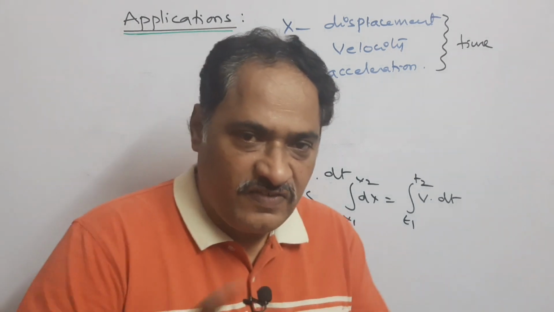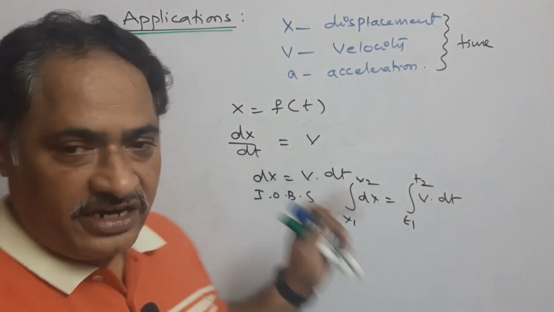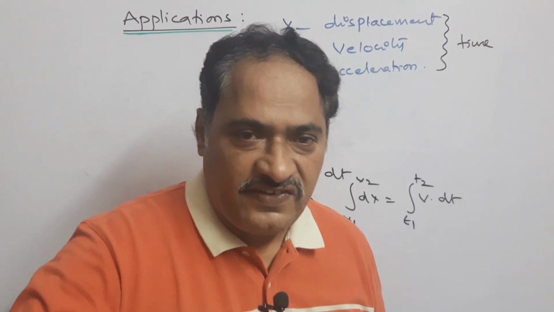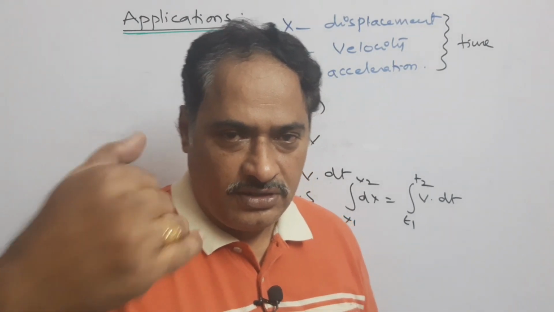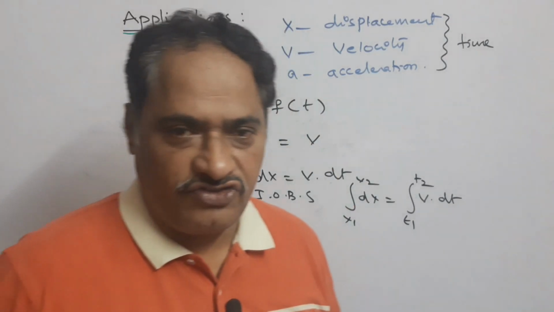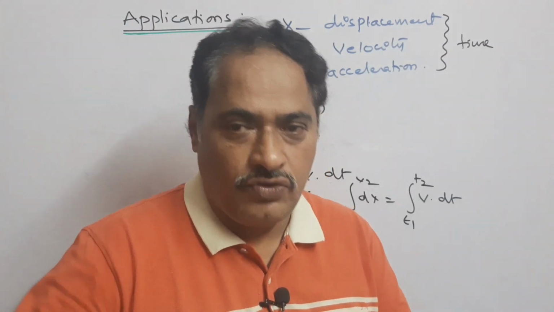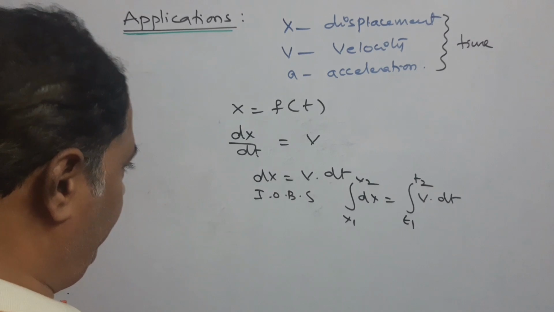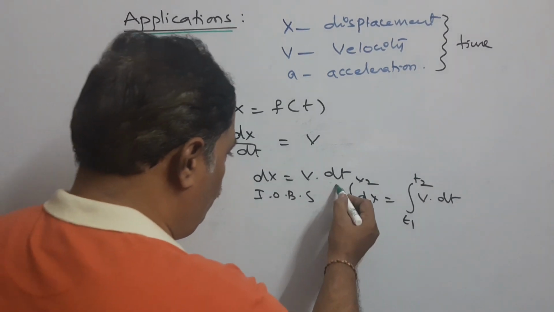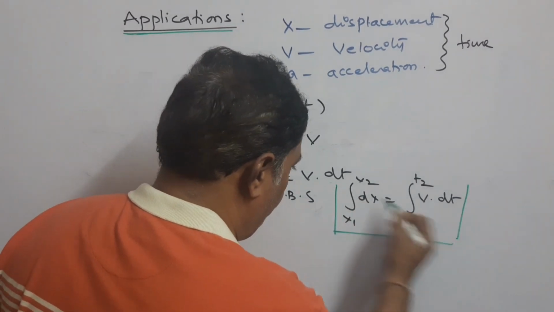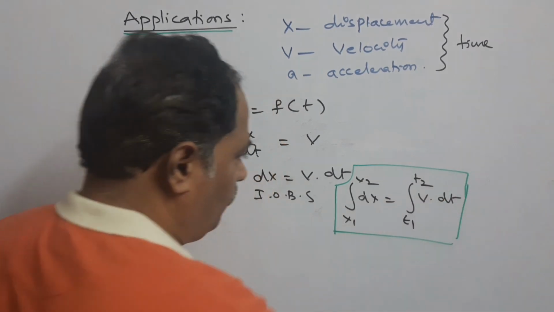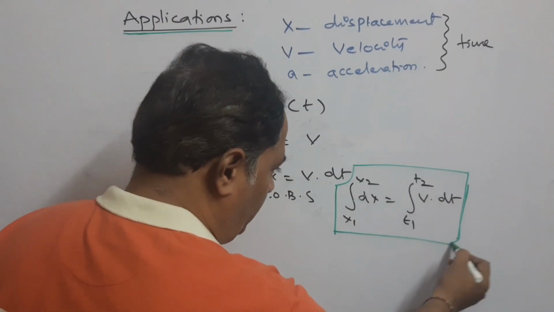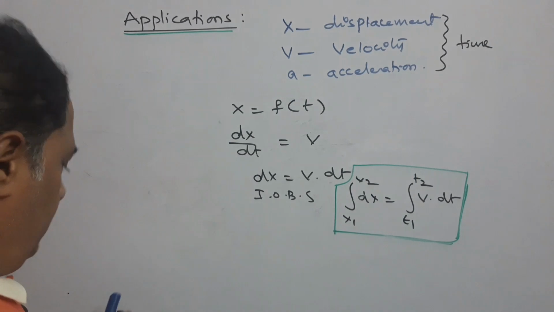That means x is a function of time, and if you differentiate displacement with respect to time, you are able to get velocity. If you have velocity and you integrate, then you are able to get displacement. Therefore, you should see the quite reverse phenomenon of those two.